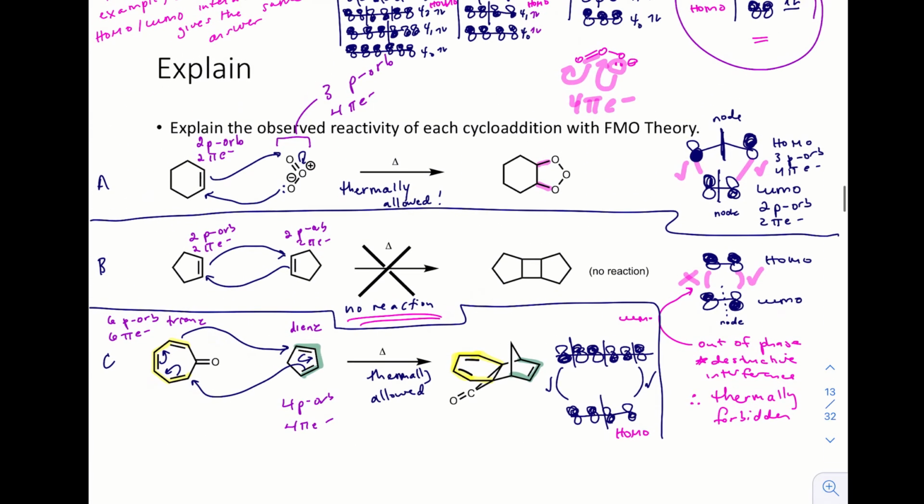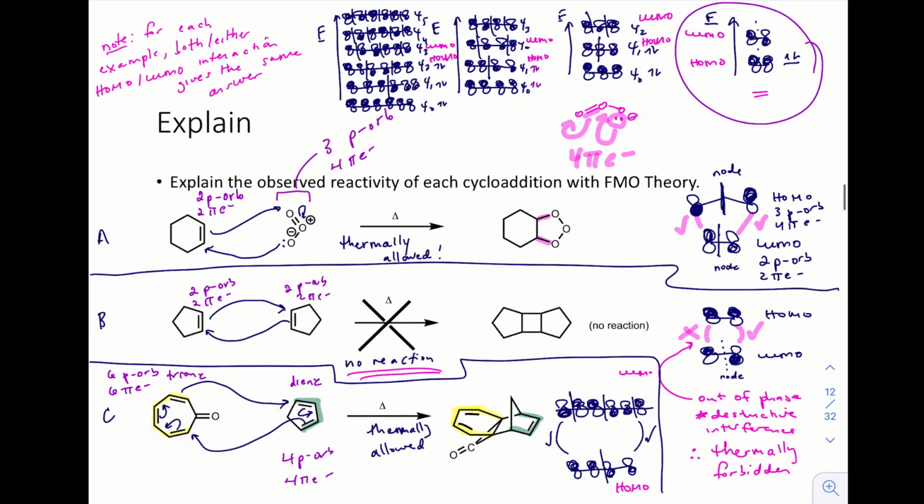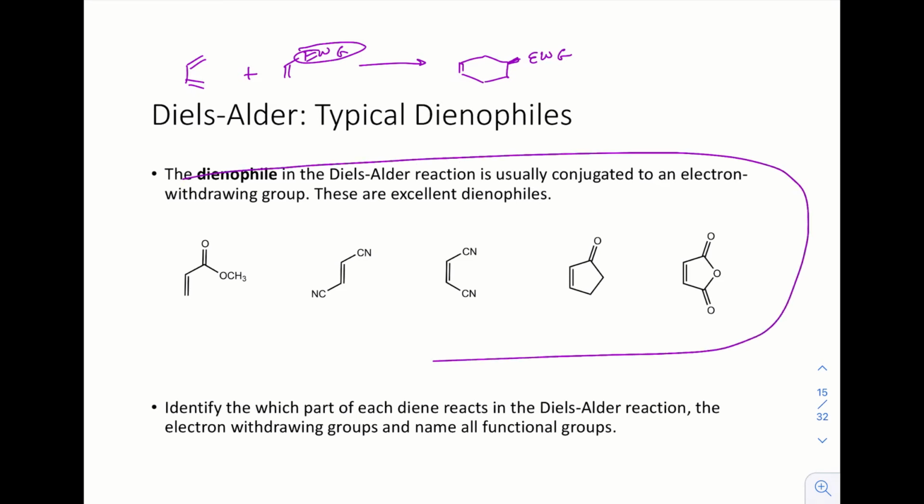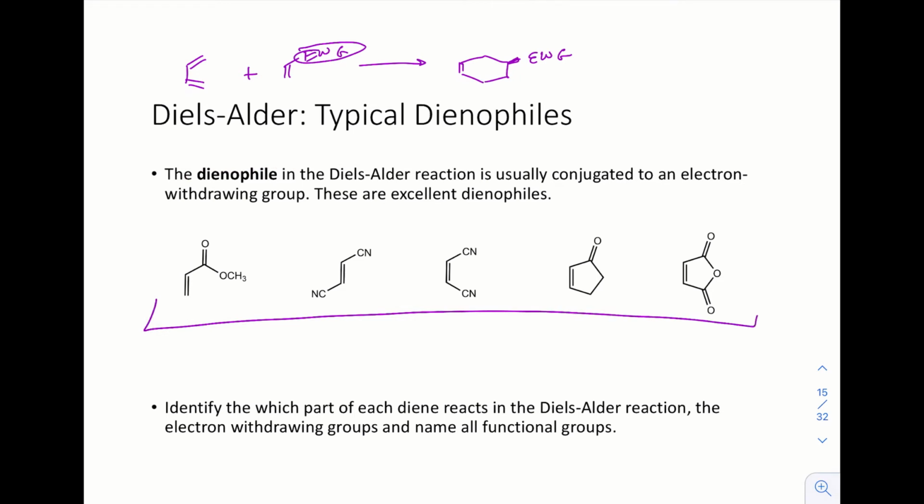Now that we have understood why some of these proposed cycloadditions occur and some do not under thermal conditions based on HOMO-LUMO analysis, let's use FMO theory to understand why a typical dienophile in the Diels-Alder reaction is usually conjugated to an electron withdrawing group. All of these species are excellent dienophiles in the Diels-Alder reaction. An excellent dienophile just means it reacts with a significant rate.